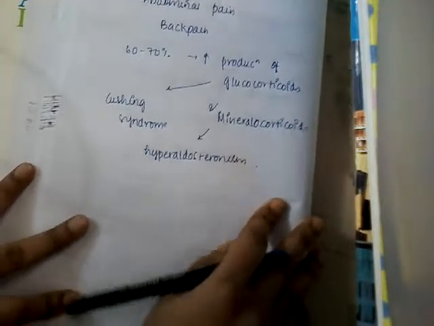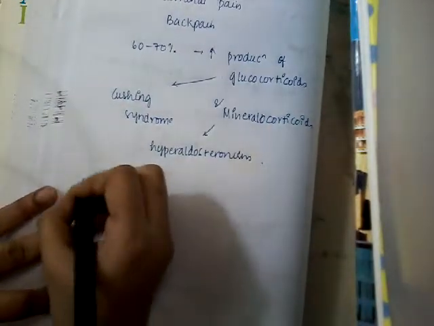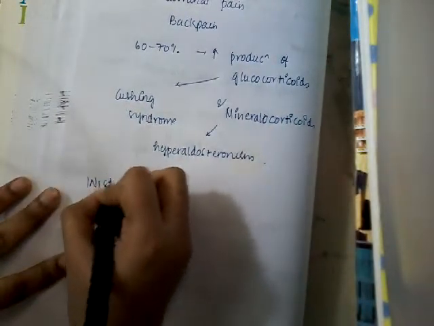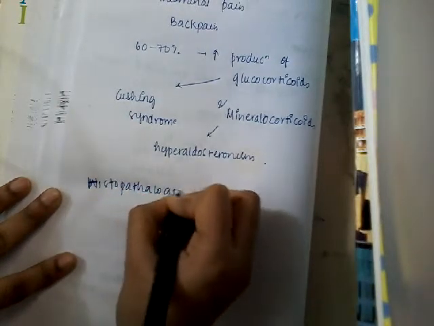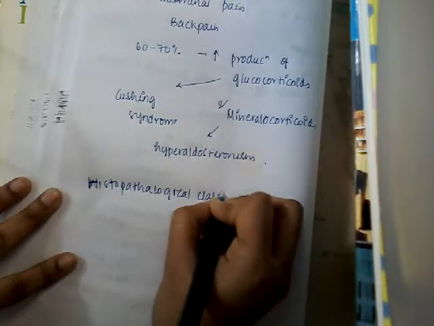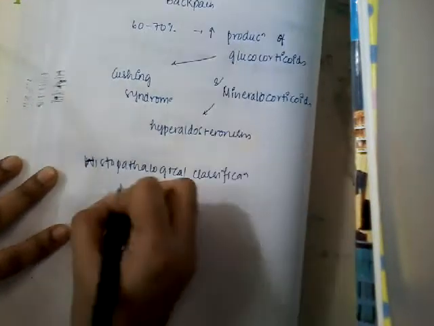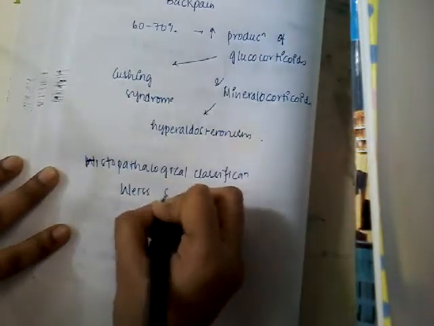Now there is a score for histopathological classification, called the Weiss score.